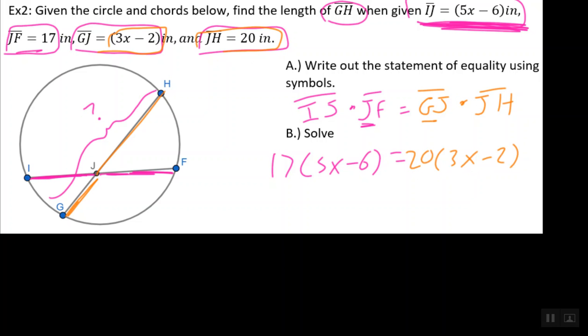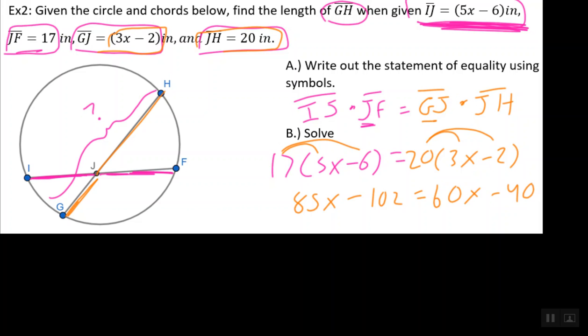Now guys, from here you are going to have to distribute, and I would say this is probably the most difficult version of the problem that you'll ever kind of wind up into. So 17 times 5 will give us 85x. 17 times negative 6, let's see, 17 times 6 is 102. This will equal 2. 20 times 3 is, of course, 60x. And 20 times 2 is negative 40.